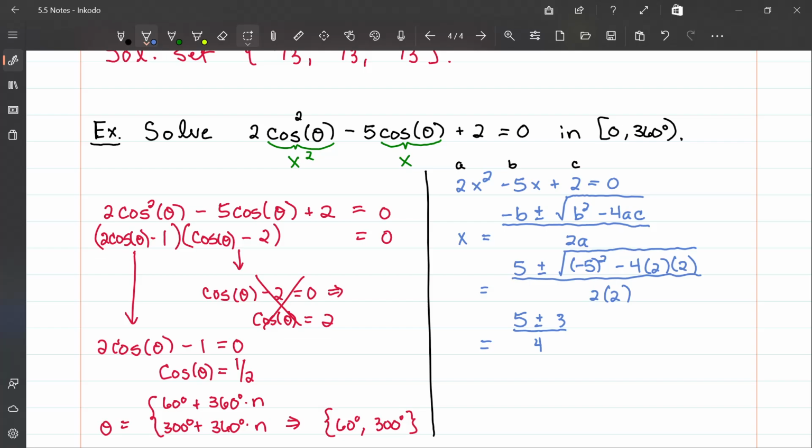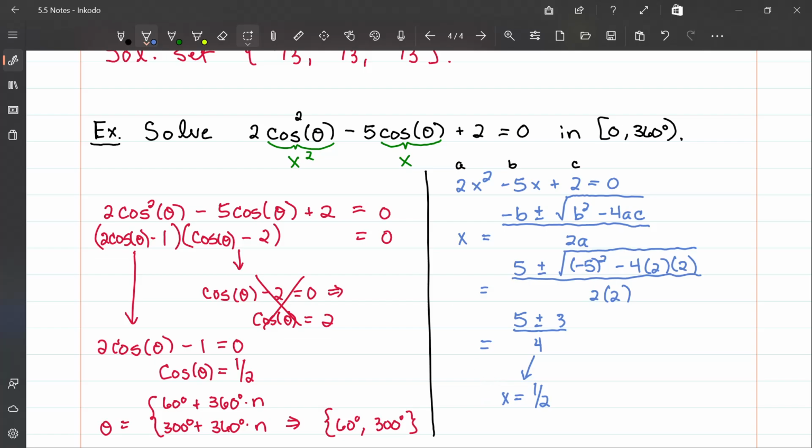And this is going to lead us to two possibilities. One of these possibilities, which I will put over here, is that x is equal to, let's go ahead and make it when we use the negative. So that'll be 5 minus 3, which we on Earth would call 2, divided by 4, which gives us a simplified version of x equals 1/2.